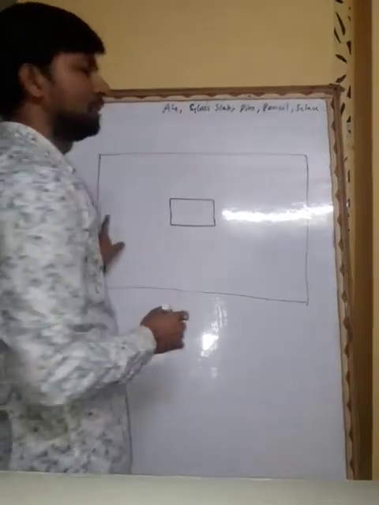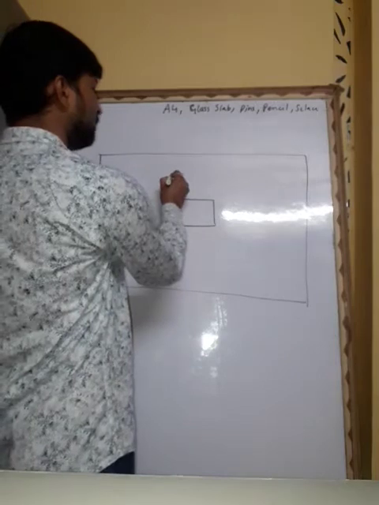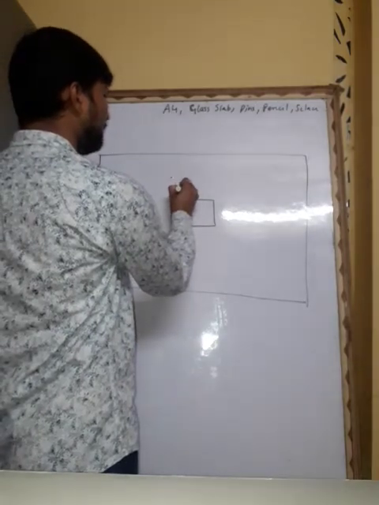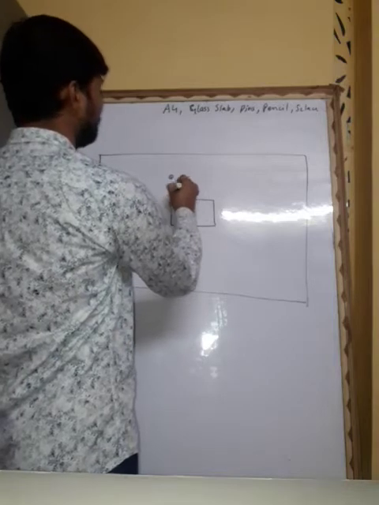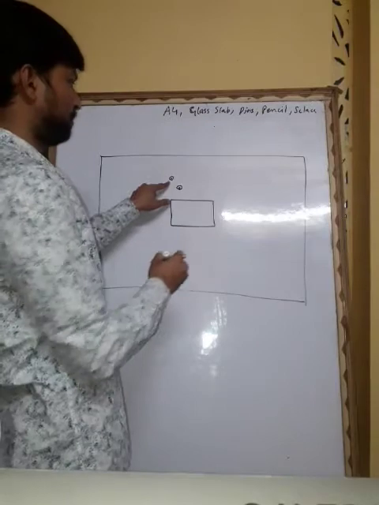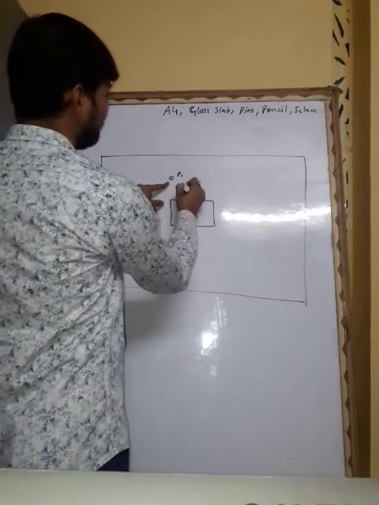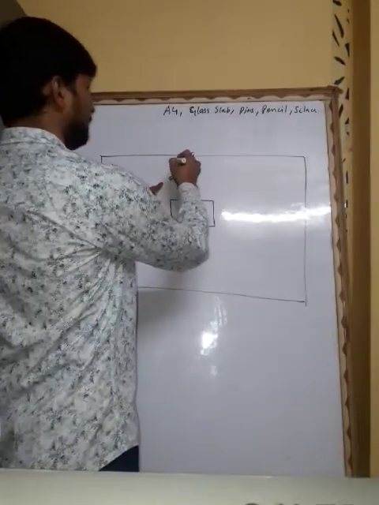Now take two paper pins and put them obliquely, head to head. Let these pins be pin 1 and pin 2. I have put them on the paper.